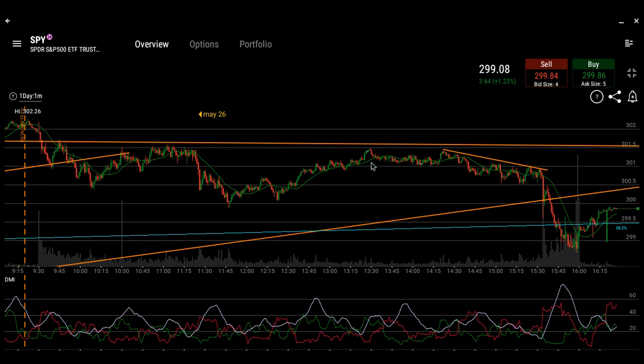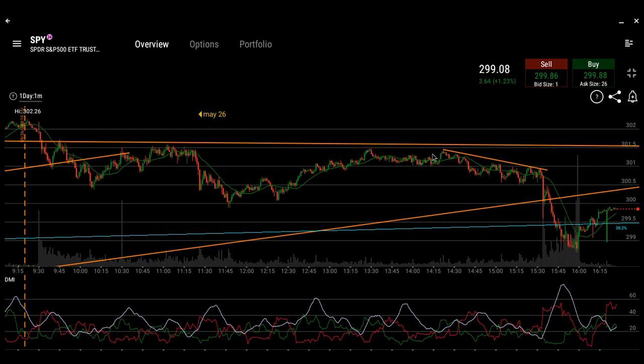And once again, it hit that resistance line, traded sideways, and you could have bought your 301 put once again up here, or you could have bought it at this time, and you could have played it down all the way down to the end of the day.